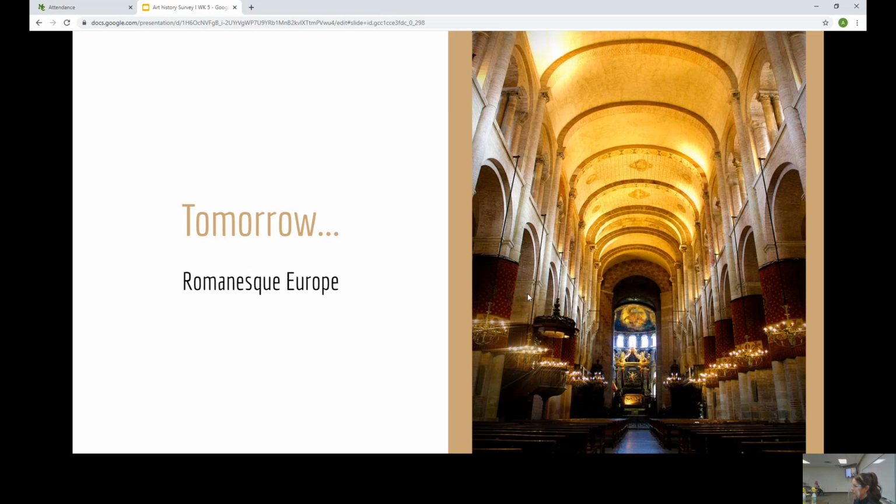Tomorrow we get to continue on with some more churches and illuminated manuscripts, just from a different era, the Romanesque period, which I'm sure you can tell from the name, is Romanesque. Yeah, fun one. Remember, you guys have that paper to work on.